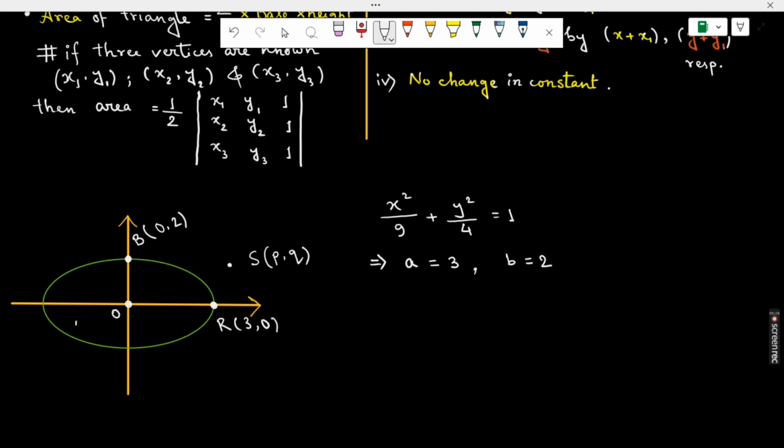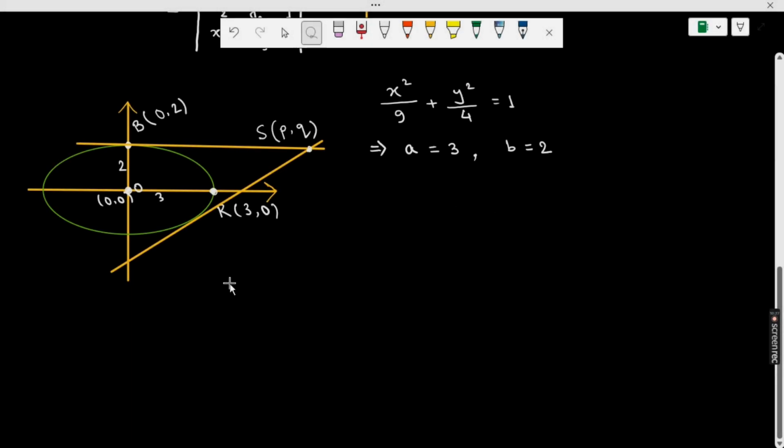and the center O is clearly the origin. This length is 3 and this length is 2. Now two tangents we have to draw.